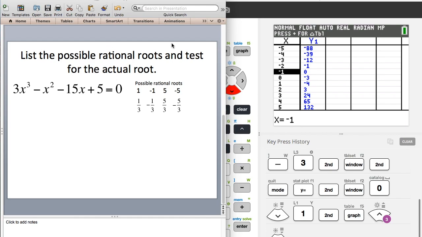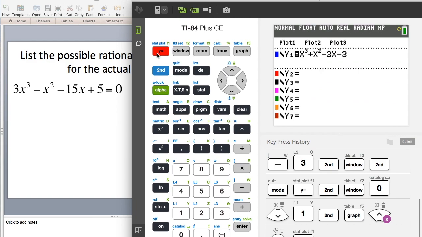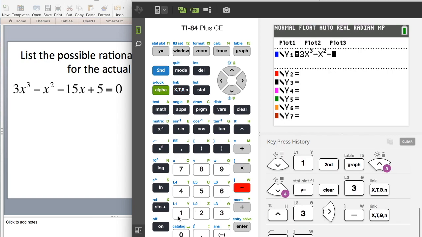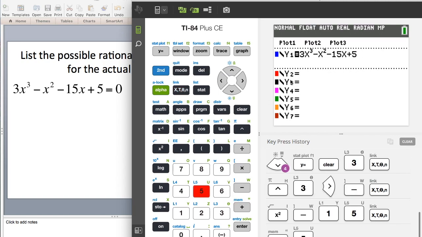So I'm going to go back to my calculator now. I'm going to go back to y equals and plug in my new equation. So give me a second to do that. Okay, 3x cubed minus x squared minus 15x plus 5.